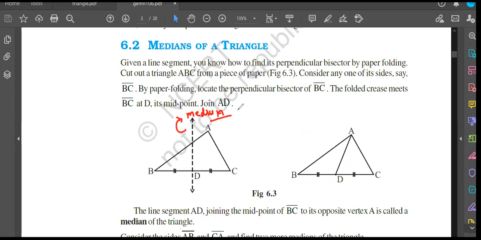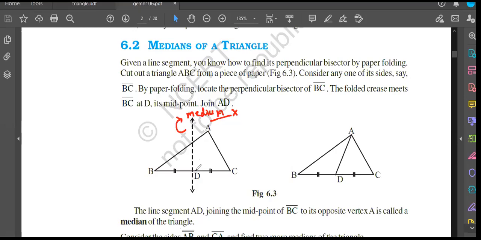No, it's not a median. But you can say that this dotted line is also dividing this side BC in equal parts, yes or no?